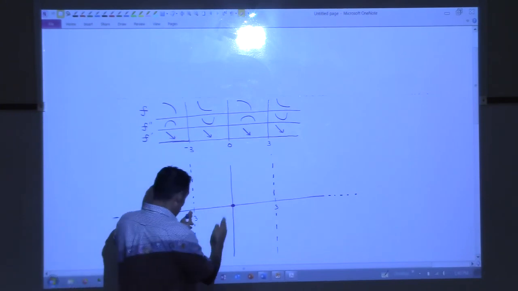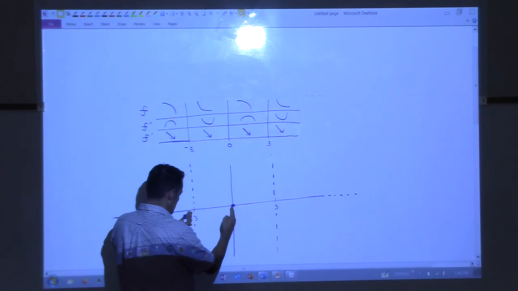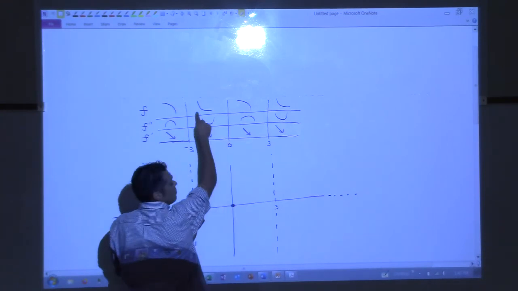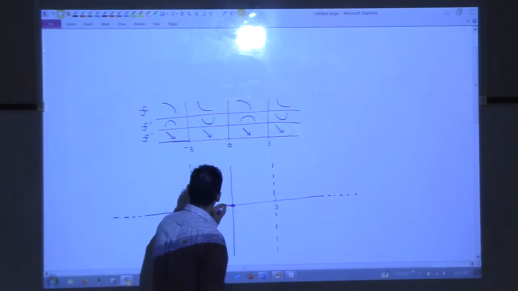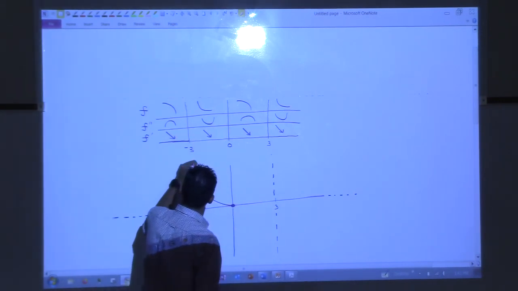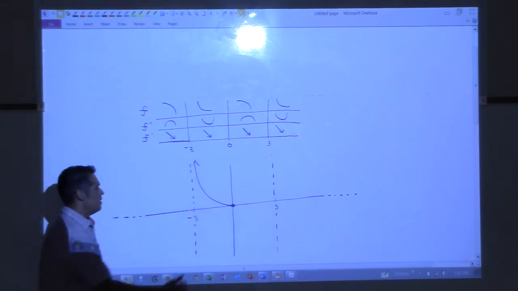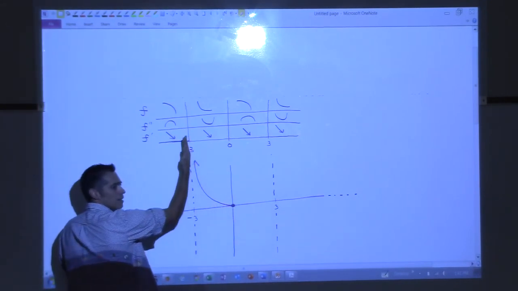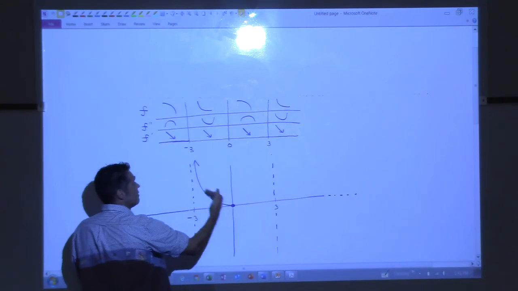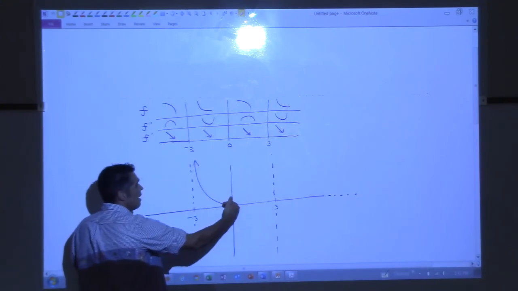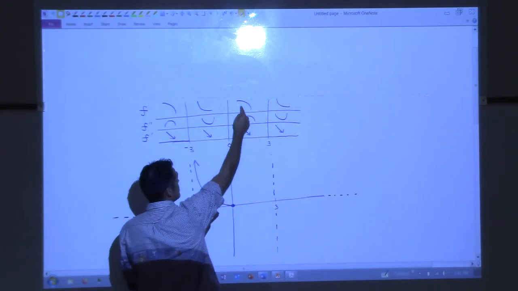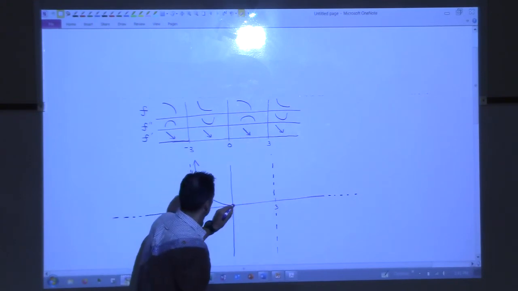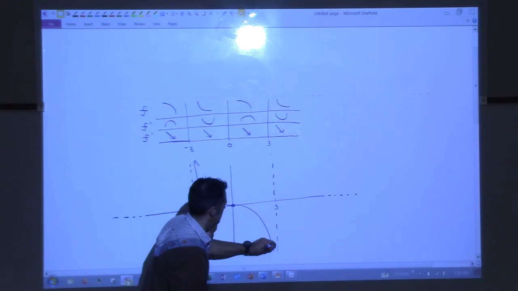And I know between -3 and 0, I must look like that, right? So from that point, I must draw this. And the vertical asymptote forces me up, and it looks like the left side of a smile. Now, when I get between 0 and 3, what does it have to look like? This, right? So it's going to go like that, okay?